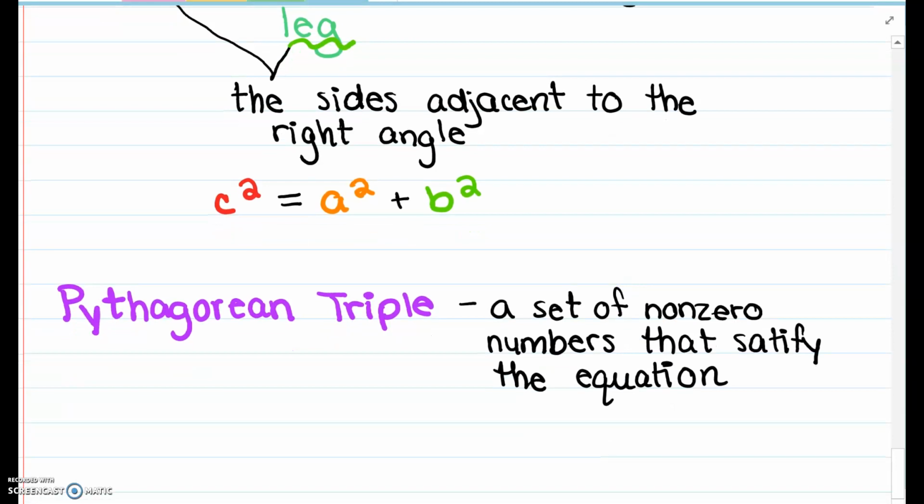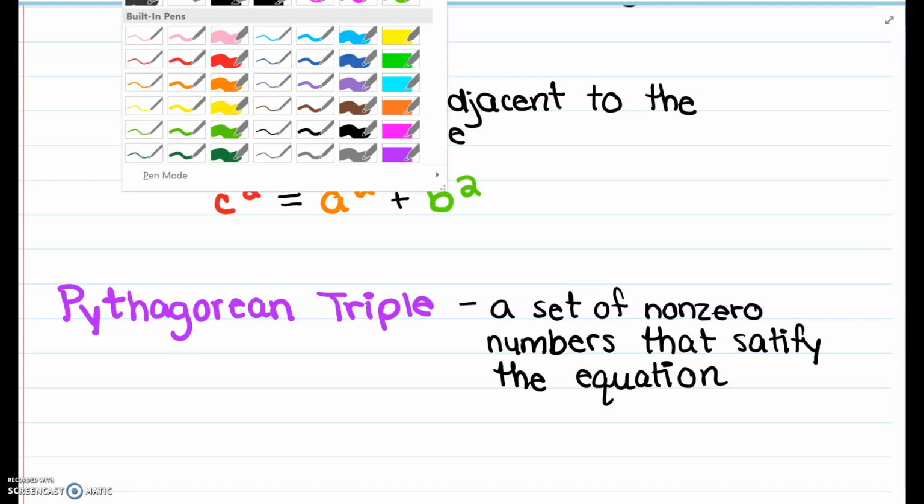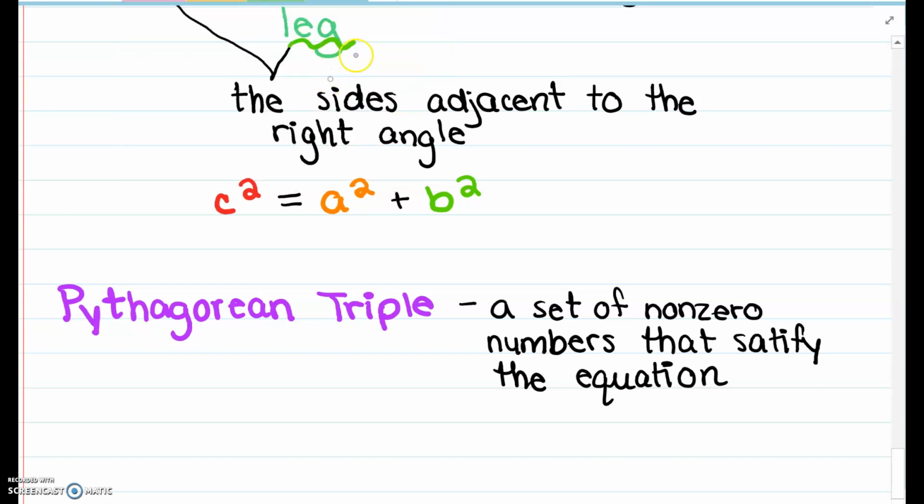C represents the hypotenuse, and A and B are the legs. A set of non-zero numbers A, B, and C that satisfy the equation c squared equals a squared plus b squared is known as a Pythagorean triple.